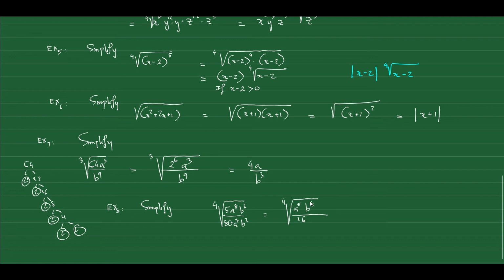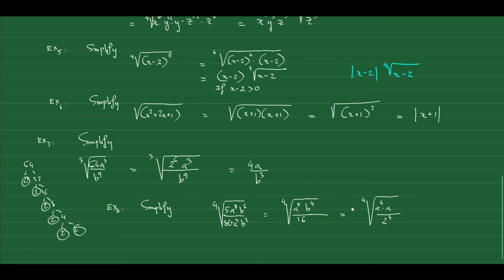Okay. And now 4 does not go into 5, so I'm going to go ahead and split it up. 16 is 2 to the 4th, so that's good because 4 goes into 4. a^5 is a^4 times a.